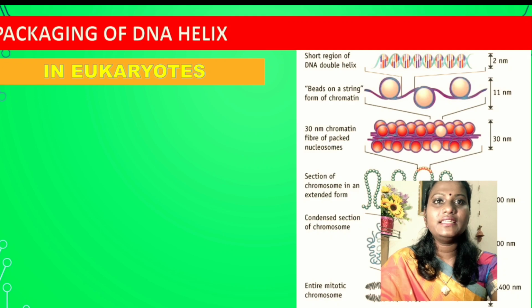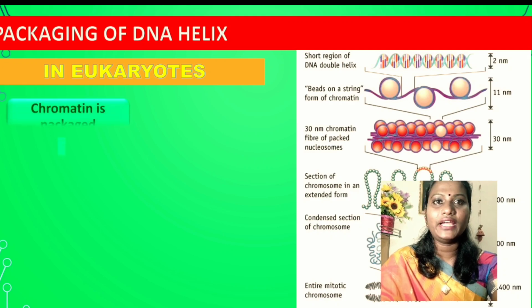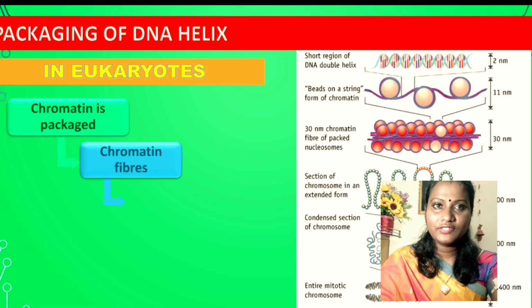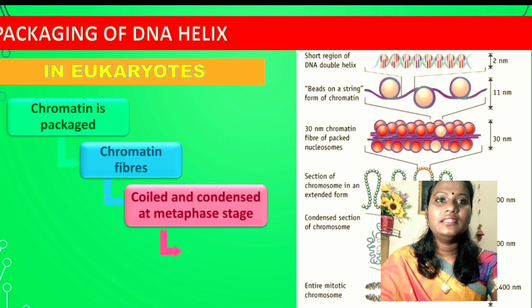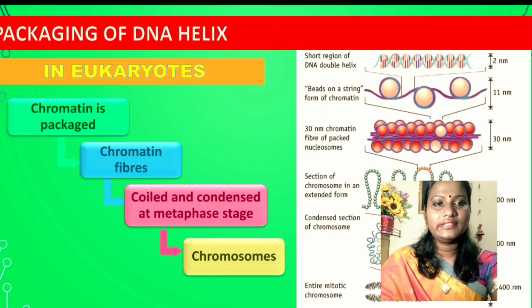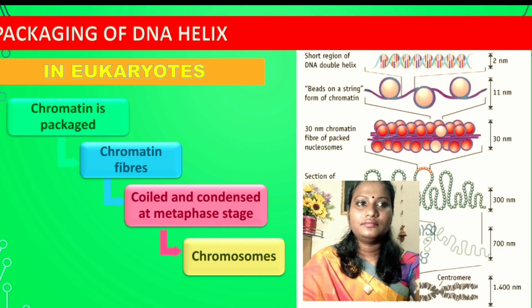Now we are going to see the packaging of DNA in the case of eukaryotes. Chromatin is packaged and results in the formation of the chromatin fiber. This chromatin fiber is coiled and condensed at the metaphase stage and results in the formation of the chromosome.